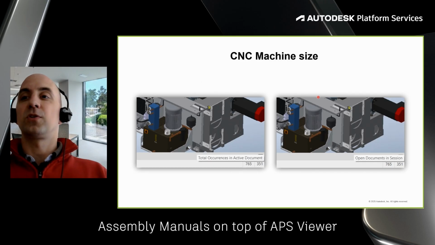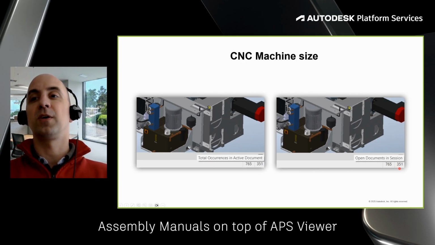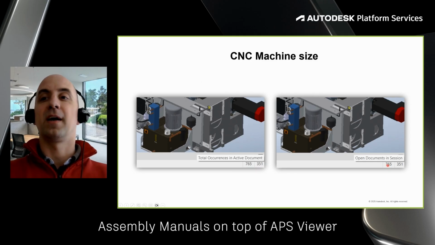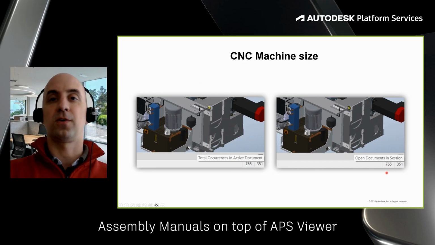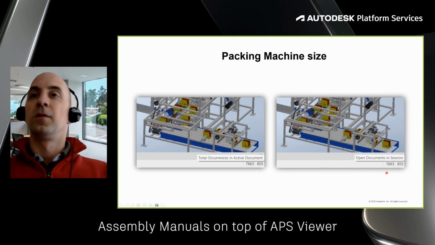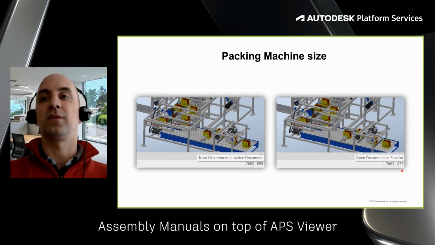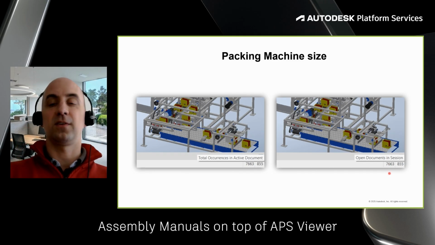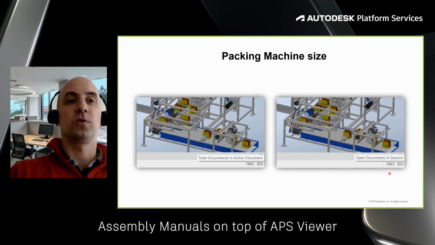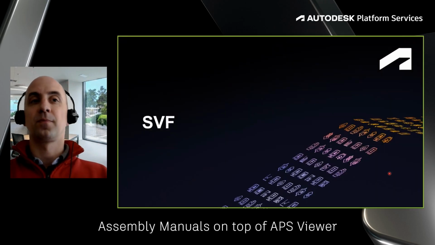The CNC machine has 350 documents, and about 760 occurrences. The packing machine has about 850 documents, and about 7,600 occurrences, which makes it about 10 times bigger than the CNC machine.